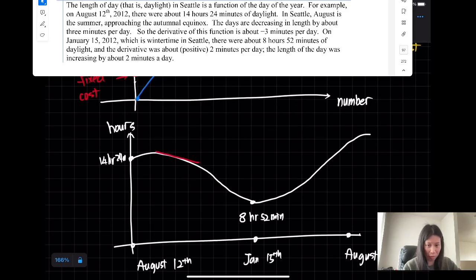A negative number because you're decreasing the number. So the rate should be negative 3 minutes. So that would be the slope of the tangent line, 3 minutes per day. Whereas after you pass January, after you're done with the winter, your rate is going to increase, which is you're going to have your daylight time increase 2 minutes a day.